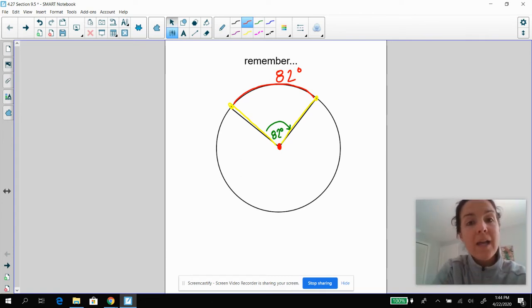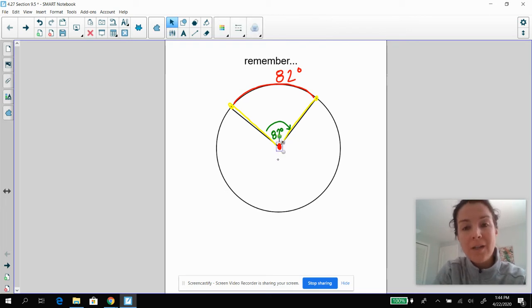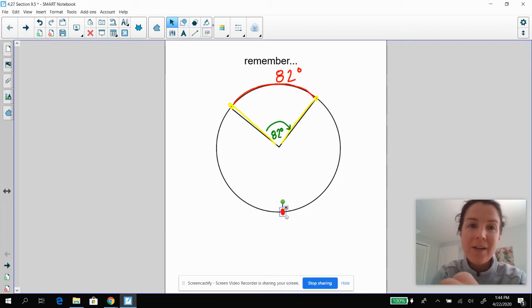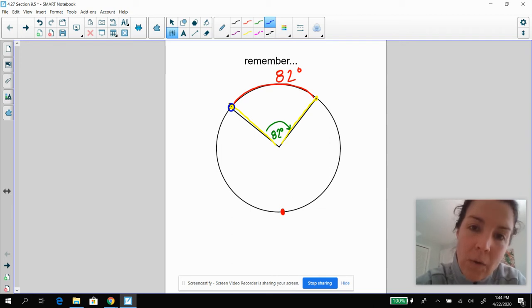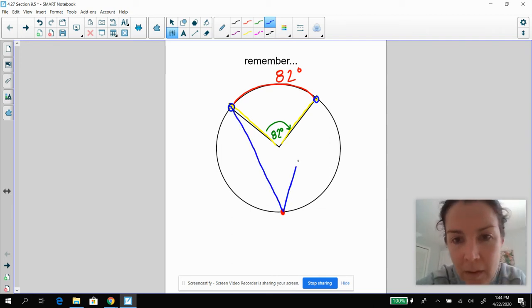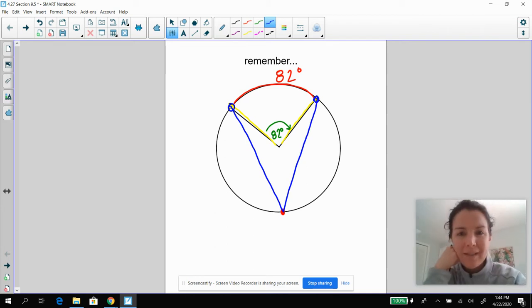Now, if I took the vertex, instead of having it be on the center of my circle, what if I scooched this vertex back? What do you think happens here versus this little angle, this 82 degrees, and this angle down here? So if I had these lines still go to the edges of that arc, look what happens.